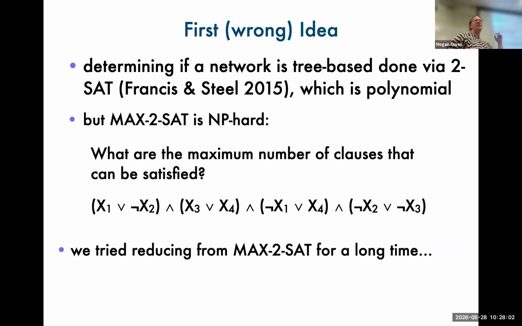But Max 2SAT, where you can't make all the clauses true, finding the max that can be made true is NP hard. So we thought, oh, this is the problem we have. And we tried reducing from it for quite a long time. And in fact, that's where we ended.